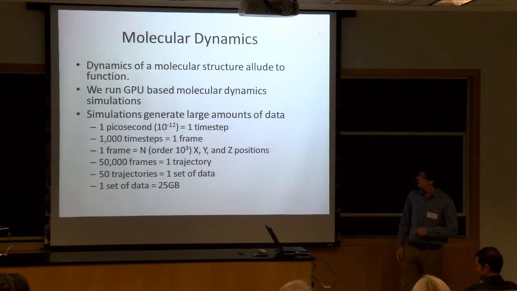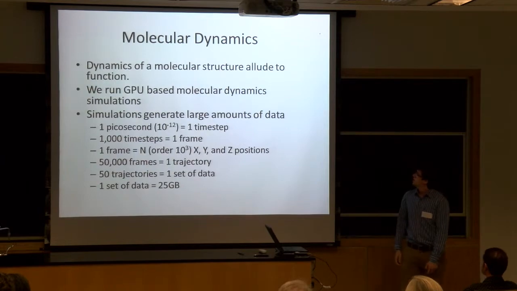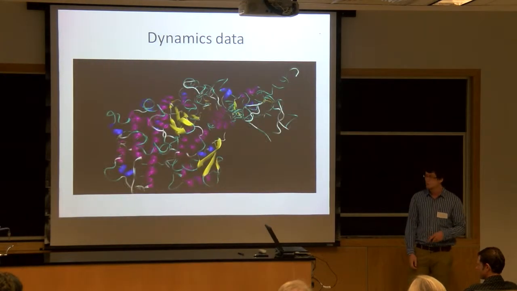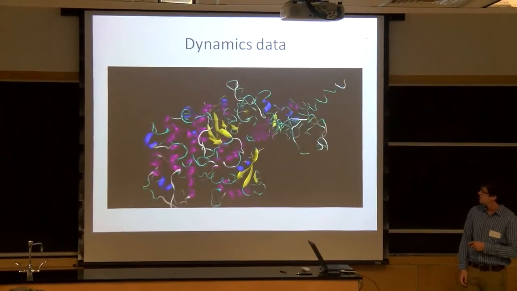These movies are not that useful on their own; we have to get some useful data out of them. Here's what it looks like in a visualization program, VMD: the protein wiggling. This is myosin 5.